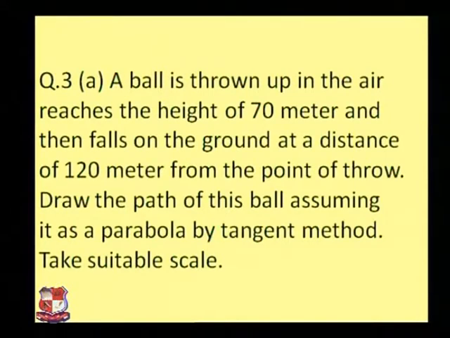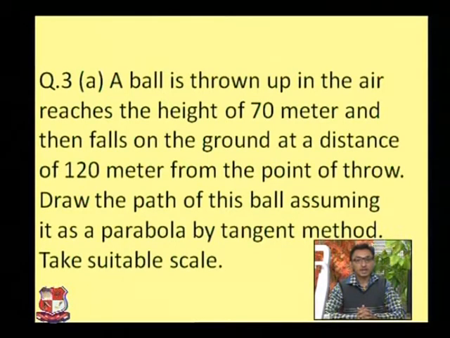In this, it has been clearly mentioned that a ball is thrown in air and it reaches a height of 70 meters and then it falls to the ground at a distance of 120 meters from the point of throw. Draw the path of this ball assuming it as a parabola by tangent method and take suitable scale.